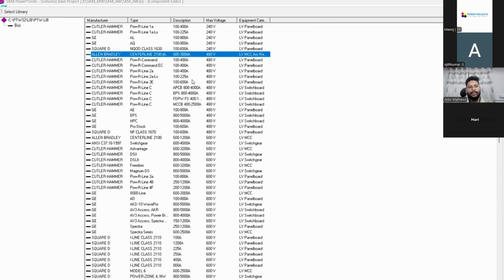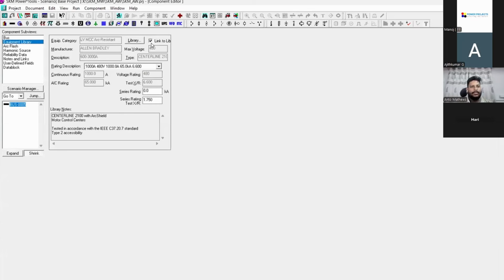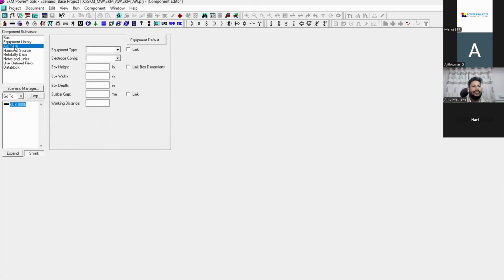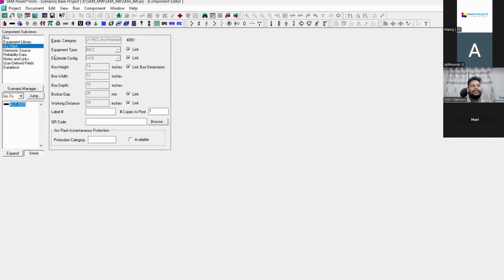By double click on it, or you can select and apply, we will be getting the data in the bus. The data will be linked to your libraries. The arc flash data, with respect to box height, box width, box depth, gap and working distance, automatically appears over here with respect to the library.